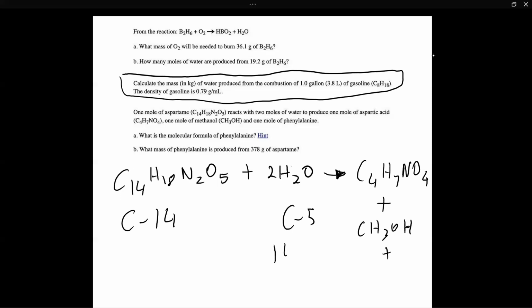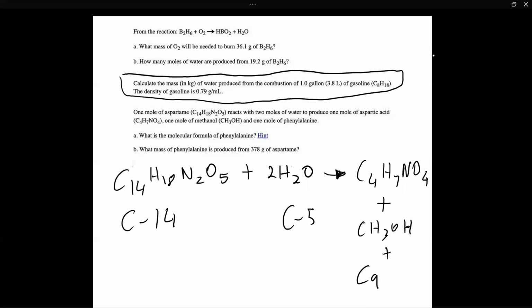So the remaining 14 minus 5 is 9. So the first component of the molecular formula of phenylalanine, which is carbon, is 9. So it's C9. And then you do the same for the others.